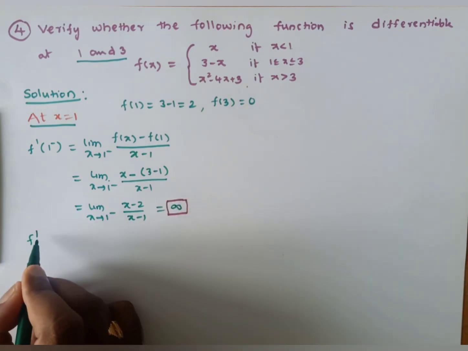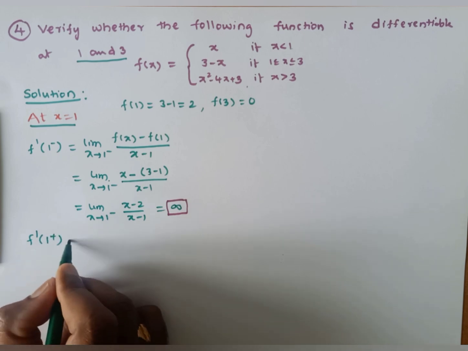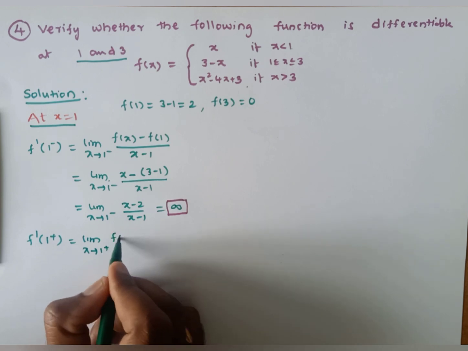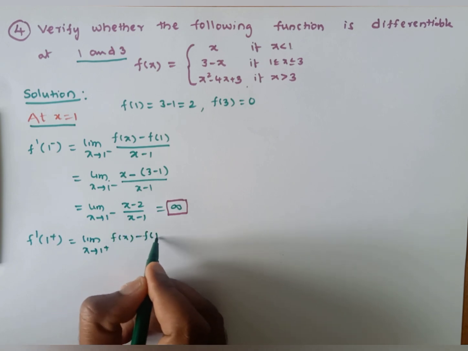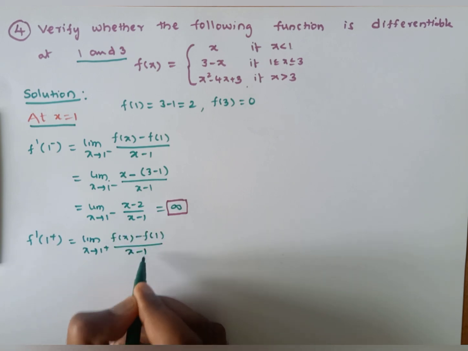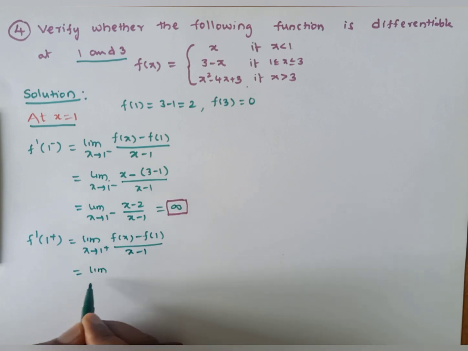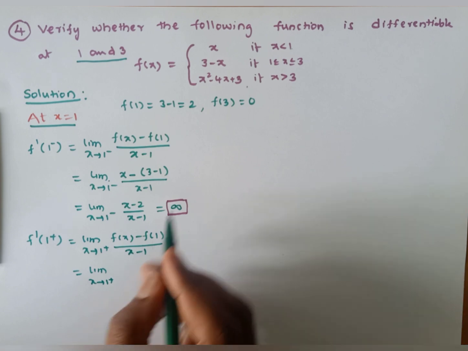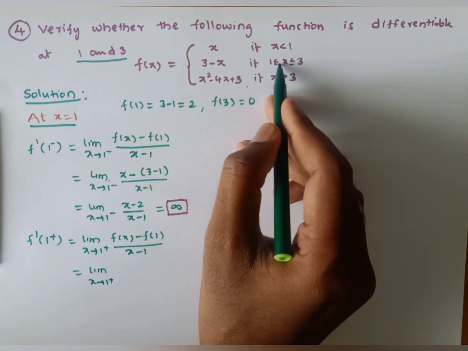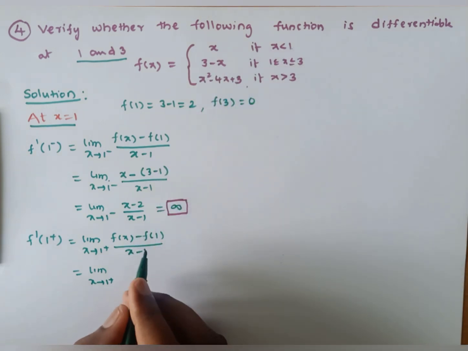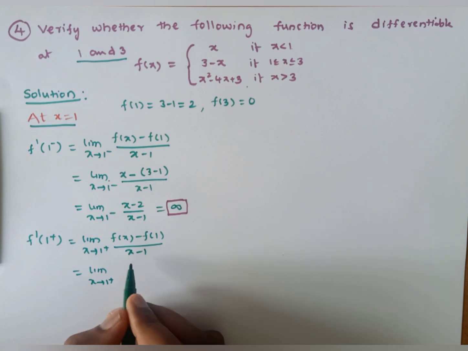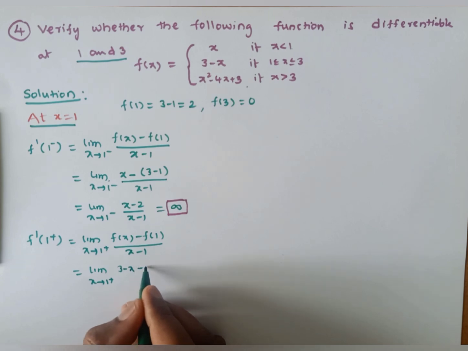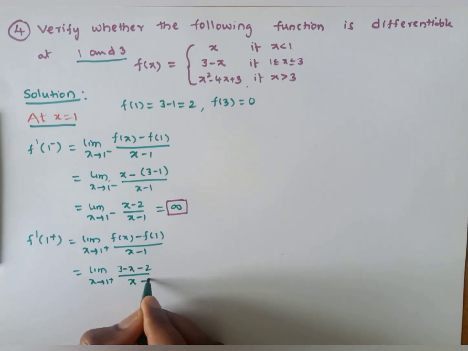Similarly find out the right hand derivative for 1 plus, which is limit x tends to 1 plus f of x minus f of 1 by x minus 1. Now here, when x is greater than 1, f of x is 3 minus x, and f of 1 value is 2, divided by x minus 1.